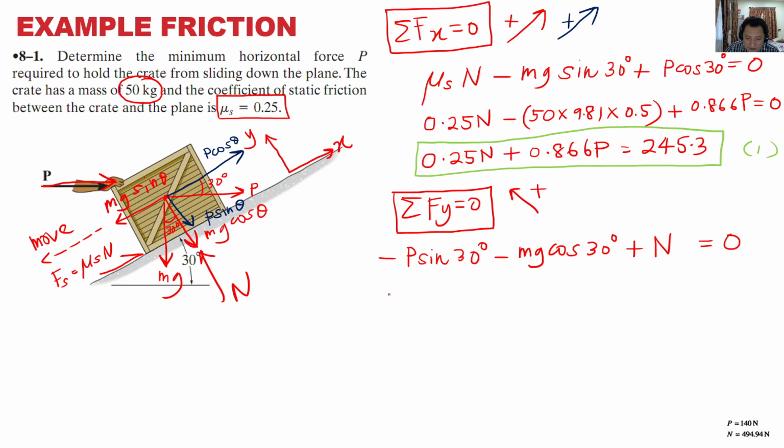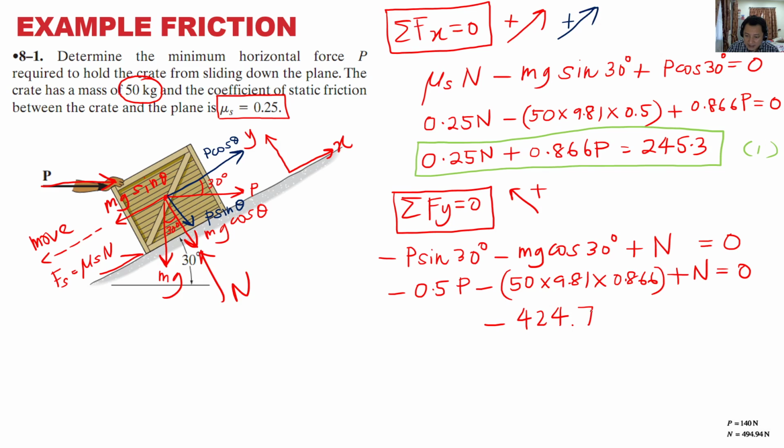So you've got negative 0.5 P minus 50 times 9.81 times cos 30, 0.866, plus N equals 0. So 50 times 9.81 times 0.866 becomes negative 424.8.